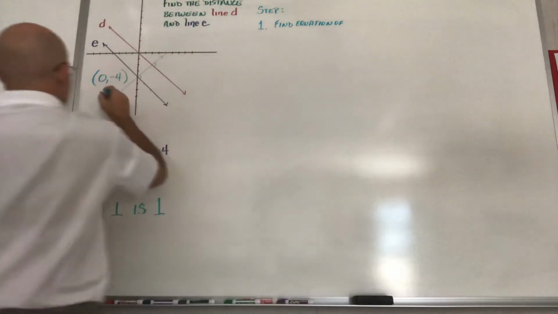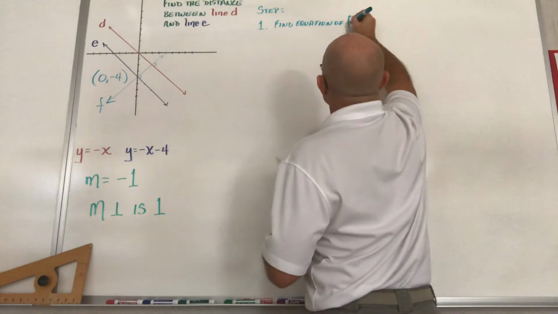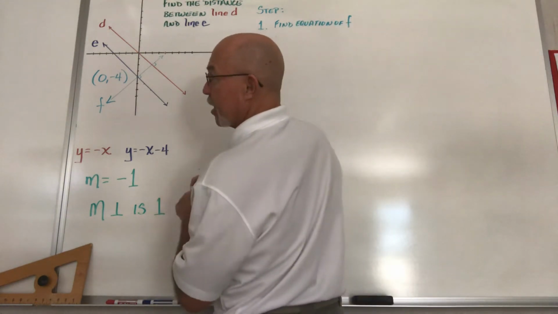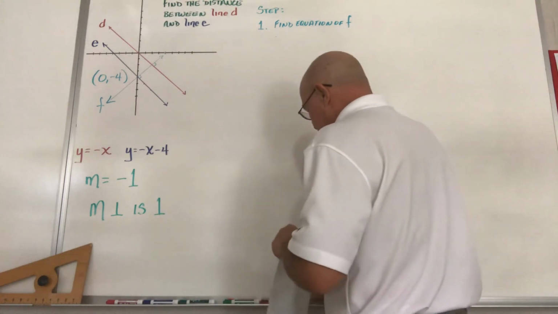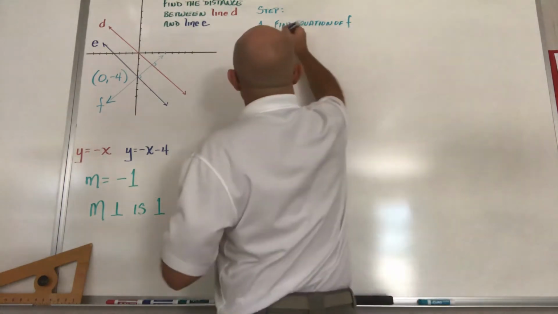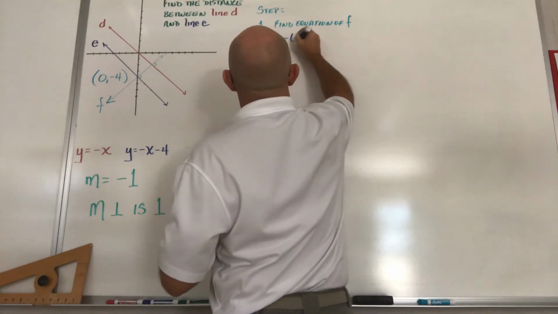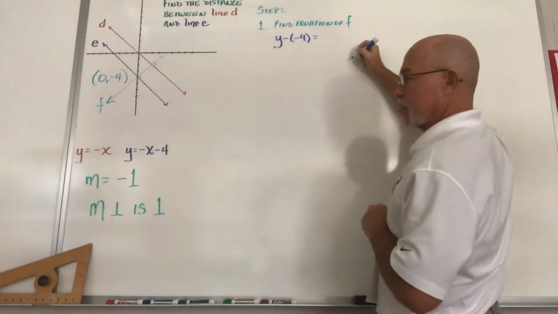And this is line F right here. And we're going to substitute in. Okay, and that was the dark blue over there. I'm trying to keep these as color-coded as possible. Okay, slope is 1.